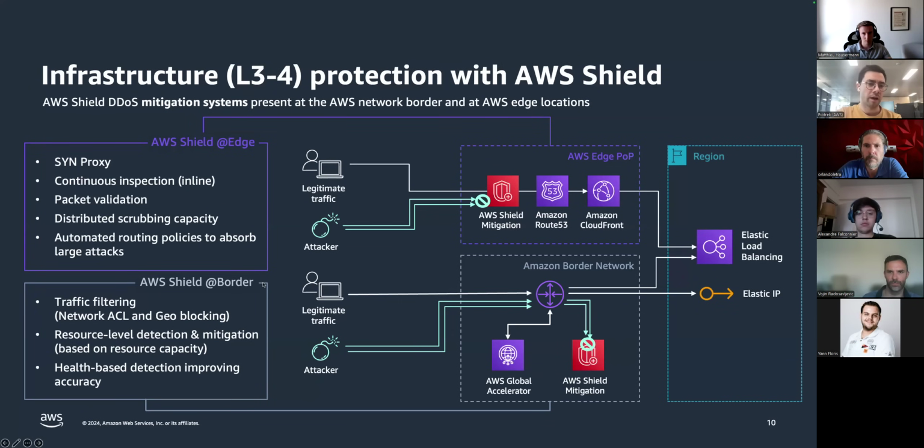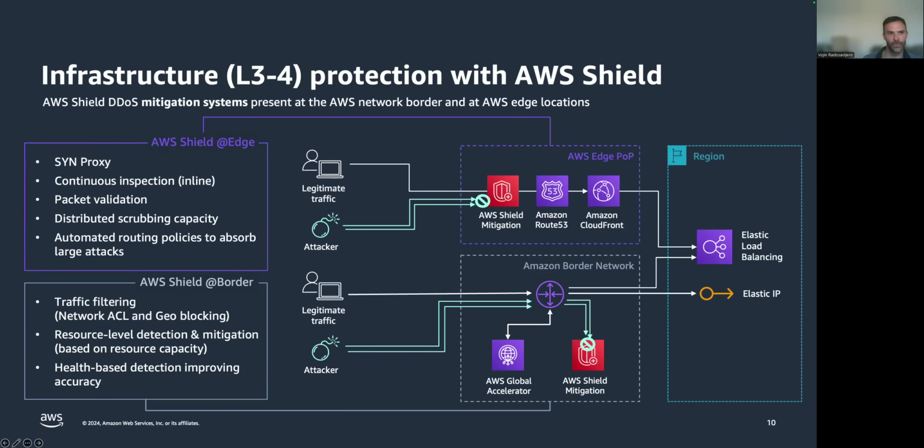There's also the second way we deploy Shield at the border network. And this is for resources that are located in AWS regions, such as Elastic Load Balancing or Elastic IP, and resources located at the border, like AWS Global Accelerator.